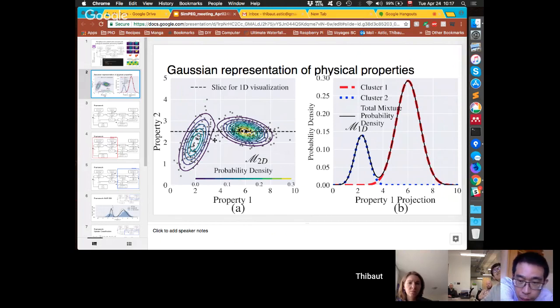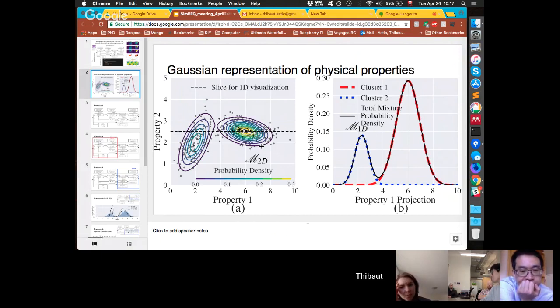Or in 1D, that's what it looks like, as a slice. Every slice would be Gaussian too. What I call cluster 1, cluster 2 is basically each of the rock units.